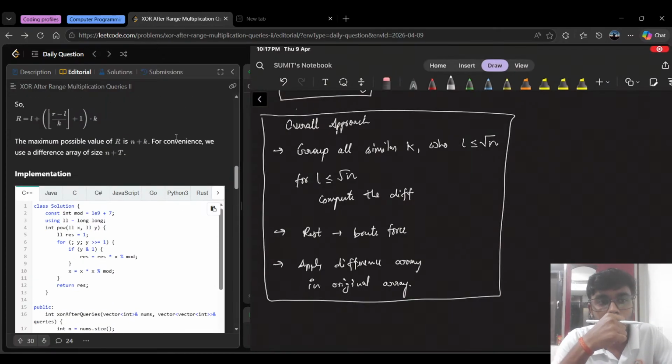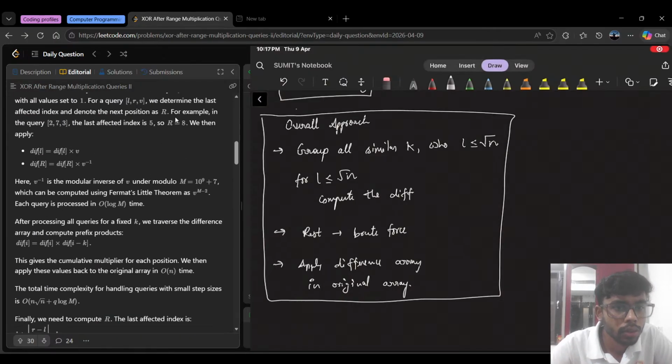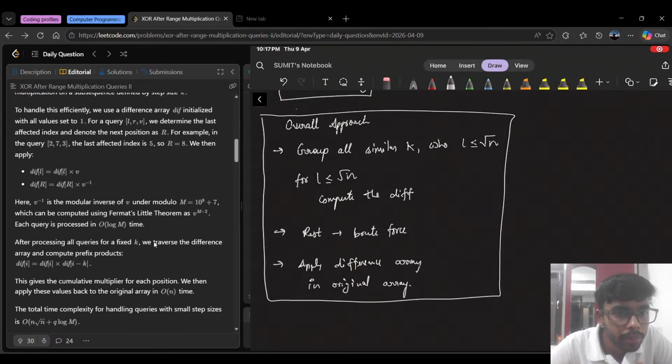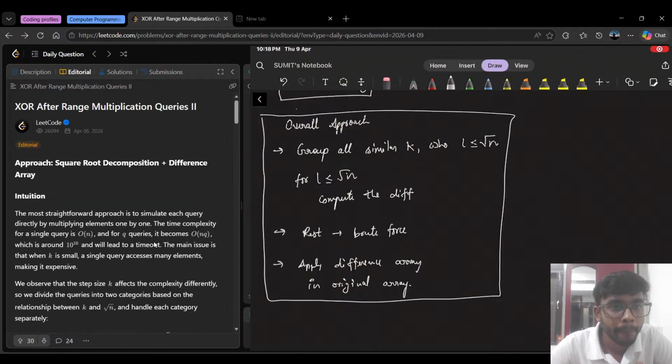For convenience, what is the size of t? What's the t here? Square root decomposition plus difference array.